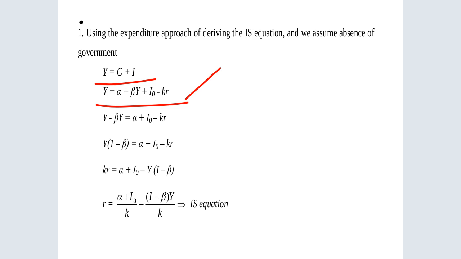The first two are the consumption, and we also have the investment. We can realign our variables such that beta y goes to the other side. If you do that, this is what you will get. Then you can factor out y.